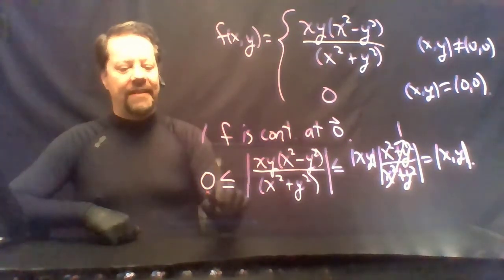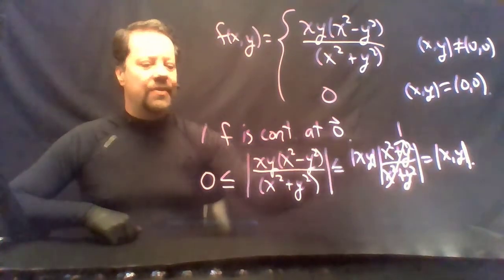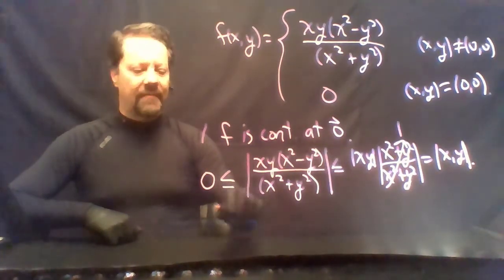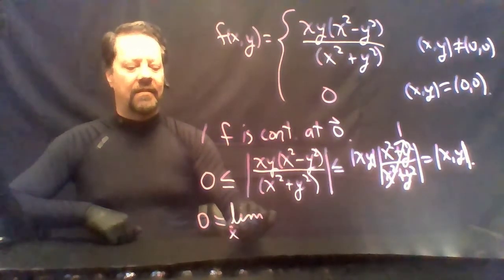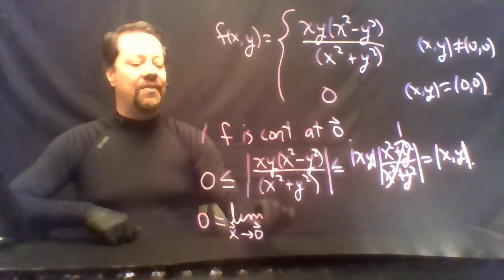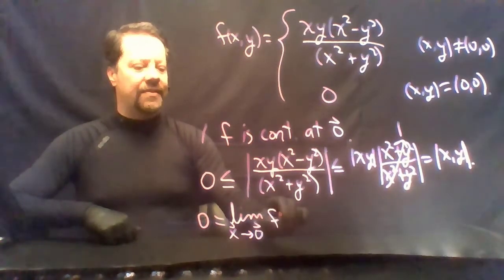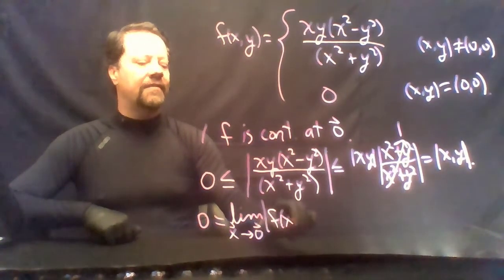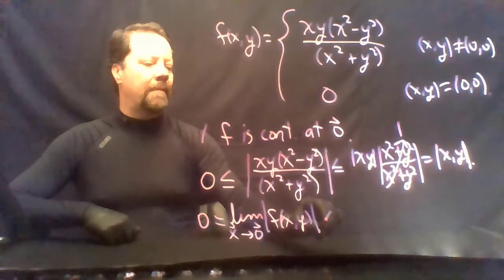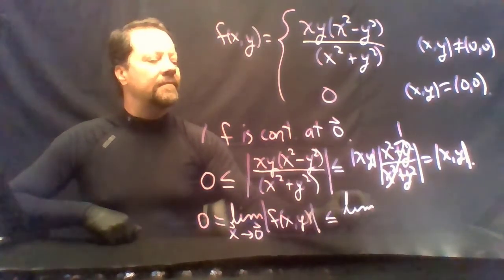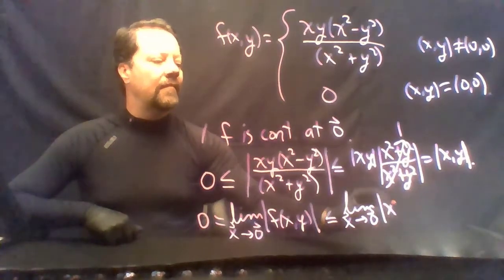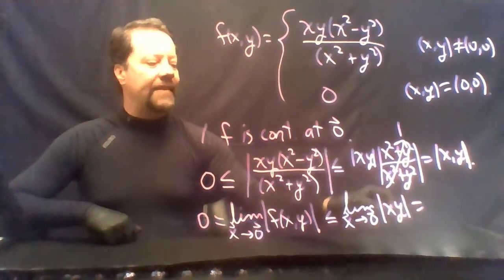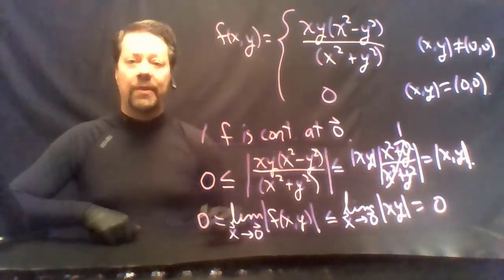If we take the limit and use the squeeze theorem, the limit as x goes to the origin of this absolute value of the function, if both x and y are going to 0, we will get 0.